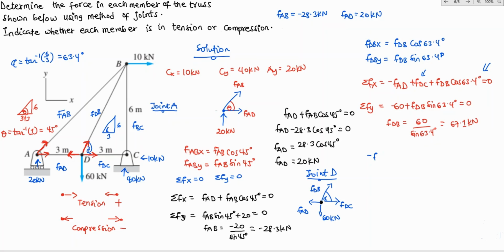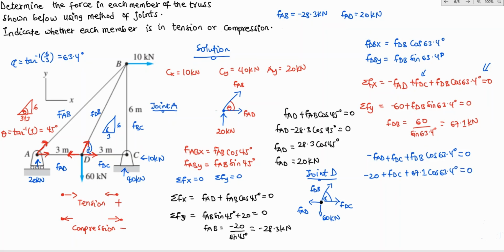So we're going to have minus FAD plus FDC, plus FDB cosine of 63.4 degrees. This should be equal to 0. The only value you don't know here is FDC. So let's do the substitution. FAD is 20 kilonewtons. So you're going to have minus 20 plus FDC, plus FDB, which is 67.1, multiplying cosine of 63.4 degrees.